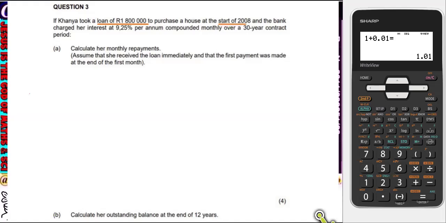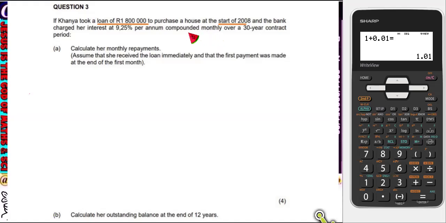He wants to buy the house at the start of 2008. I believe it's January the 1st. And the bank charged her interest of 9.25% per annum, compounded monthly.